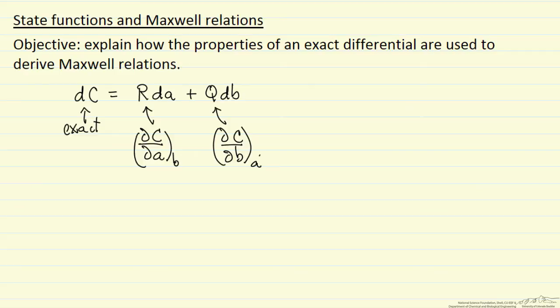And so these partials mean that if we were to make a small change in A while keeping B constant, this would tell us how C would change.